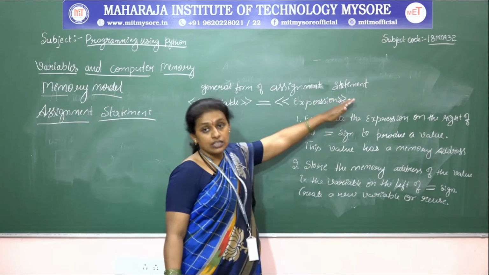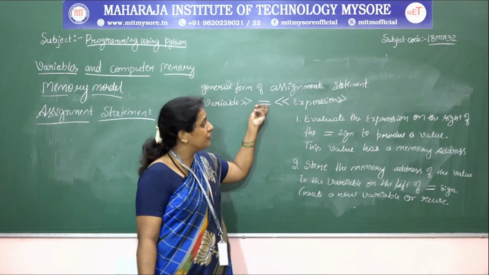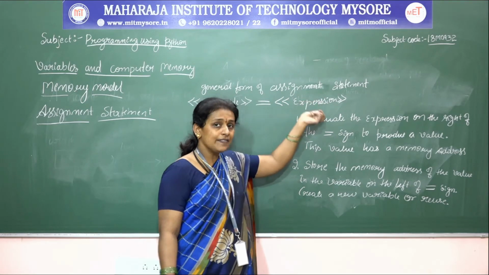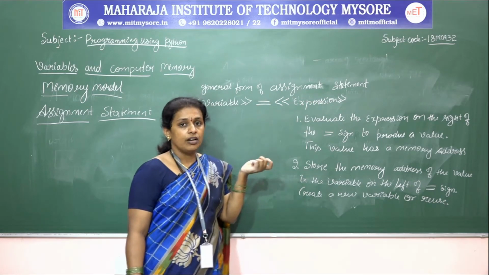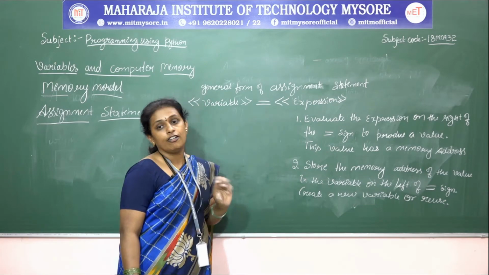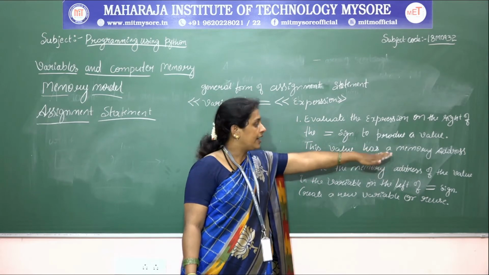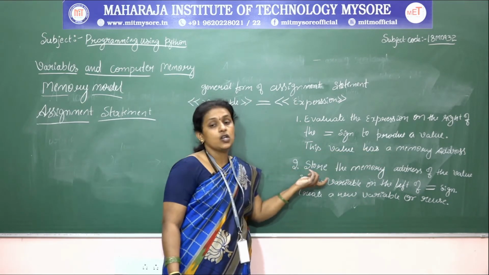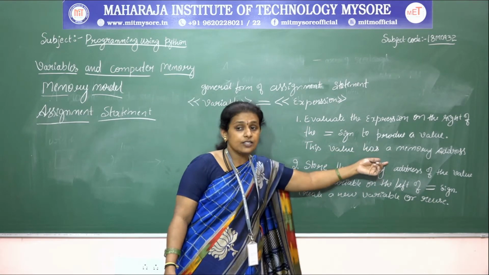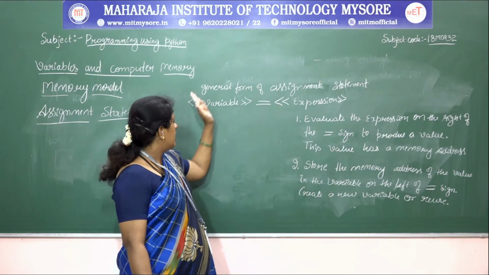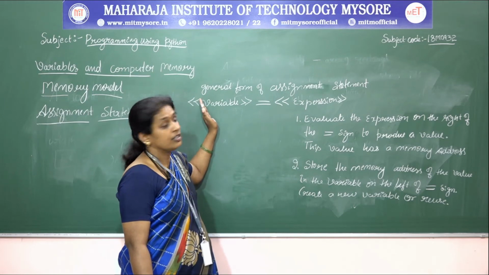Based on the equal sign, we evaluate the right side of the expression. When this is evaluated it produces a value, and that value will be a memory address. After that we store this address of the value in the variable on the left of the equal sign.